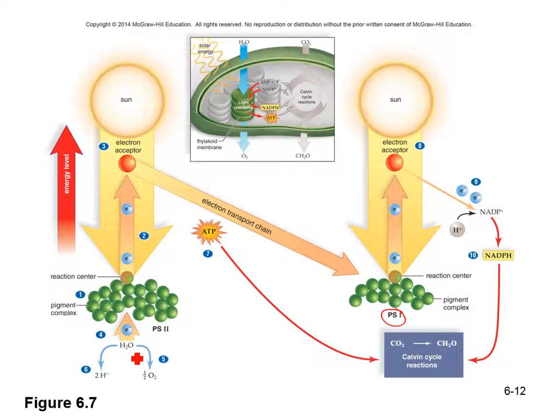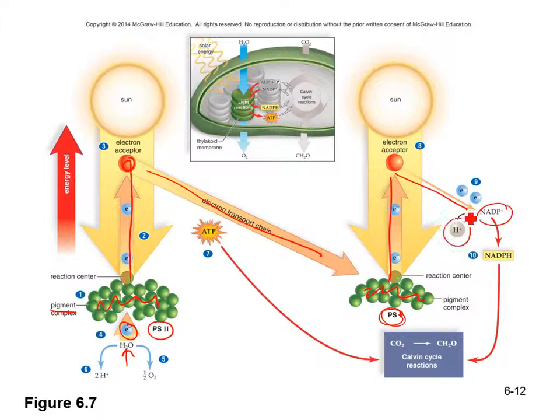All right, so let's just look at the electron first. Water is split. The electron goes to photosystem 2. It bounces around the pigment. It goes up to the electron acceptor, goes through the electron transport chain, goes to photosystem 1, bounces around again. The electron gets excited. The electrons come out of photosystem 1. They bind with NADP and H plus to form NADPH.